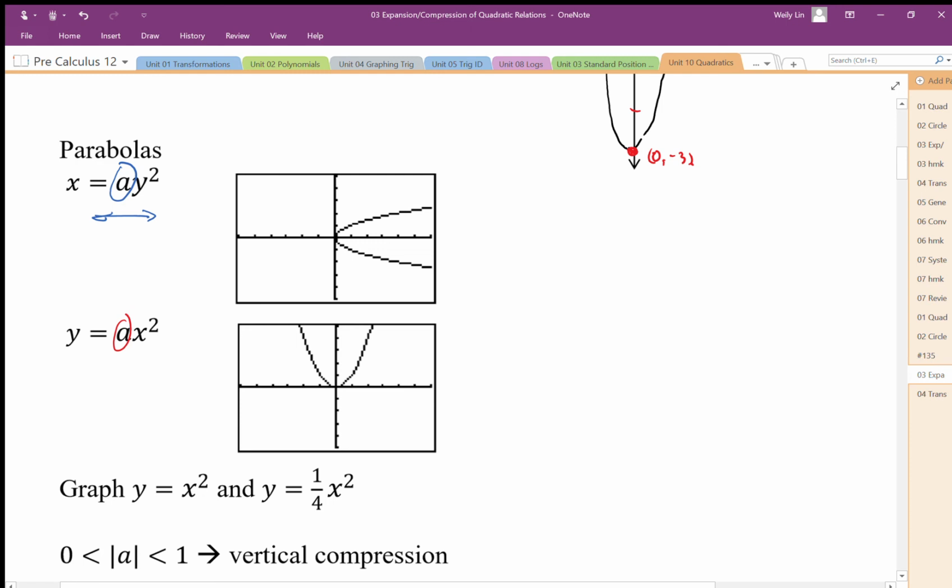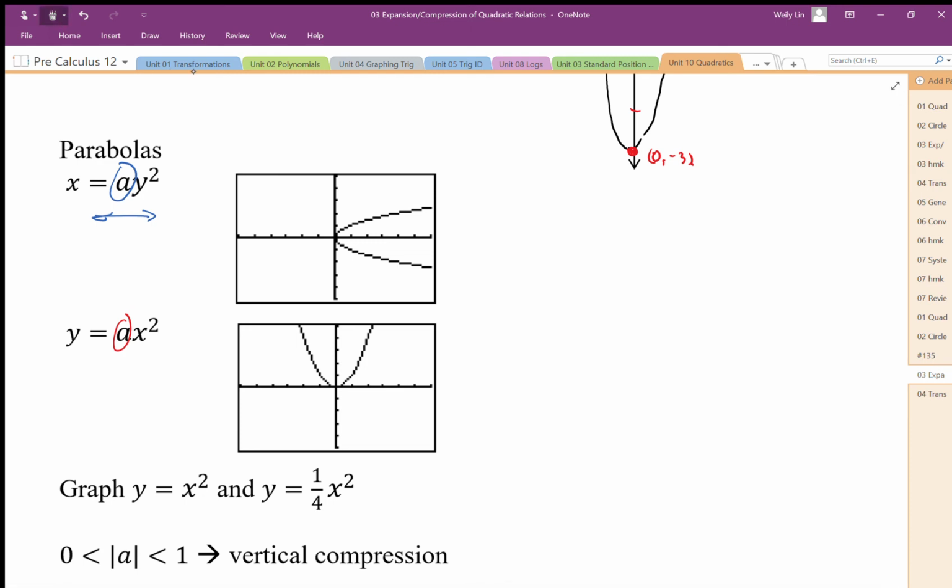Okay, and since the x is on this side, the A is on this side, on the opposite side, if it's a big A, it's going to expand. If it's a small a, it's going to compress. Just like if I put it on the side with the x, a big A here would expand, a small a would then compress. Okay, so again, we could write it like this, but we are probably more familiar with this form, so I would recommend keeping it in that form.